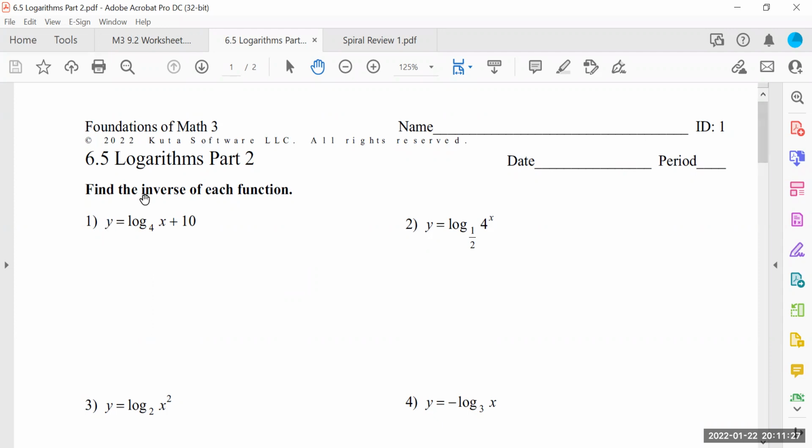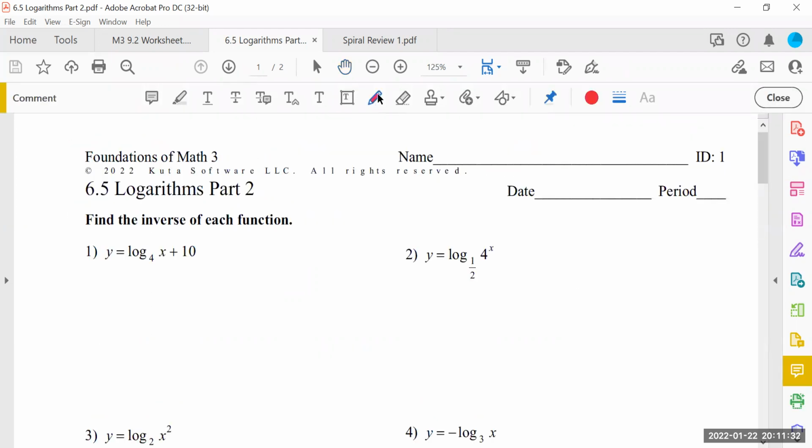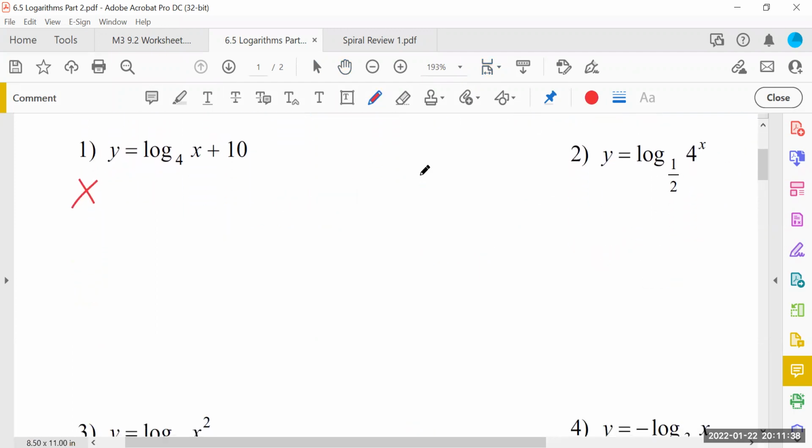So like here, I switch the x and y. So x is equal to log base 4 of y plus 10. That plus 10 is not inside the log, so I'm going to get the log by itself. I'm going to subtract 10 from both sides. Minus 10, minus 10.